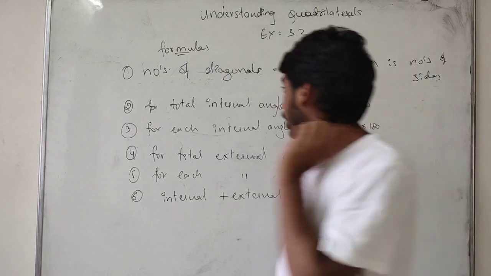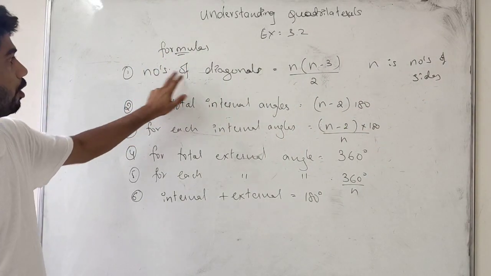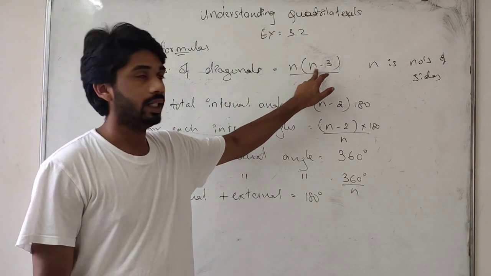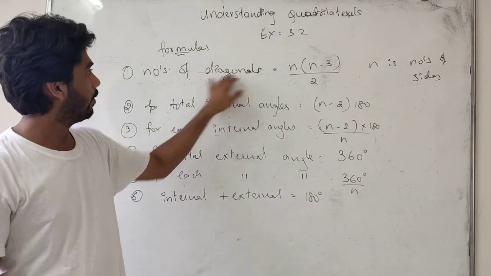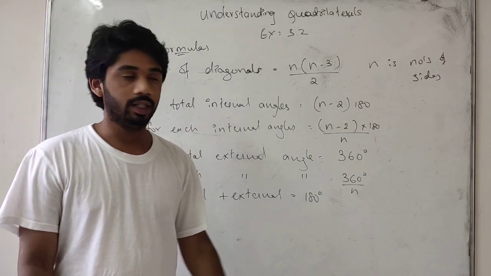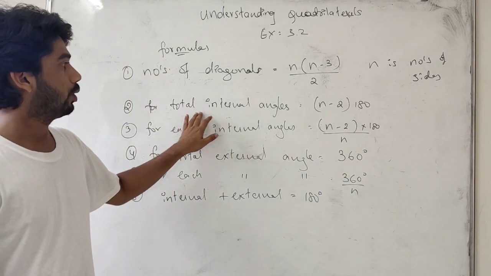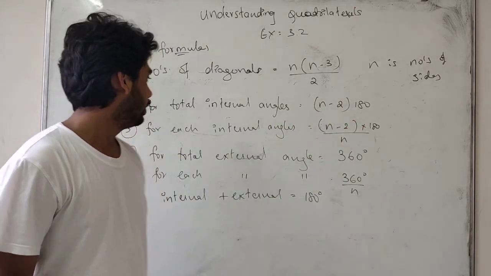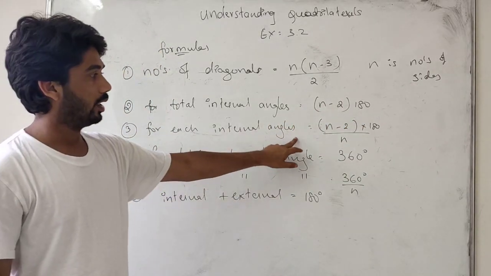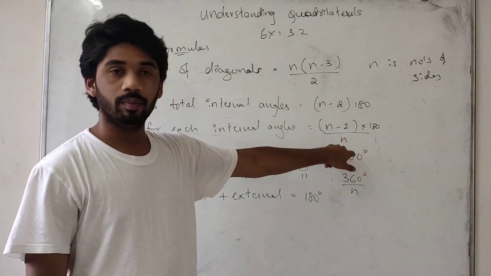Okay students. First formula, number of diagonals: n(n minus 3) divided by 2, where n is the number of sides. So in this way we can find the number of diagonals for any polygon. For total internal angle, n minus 2 into 180. For each internal angle, n minus 2 into 180 divided by n.